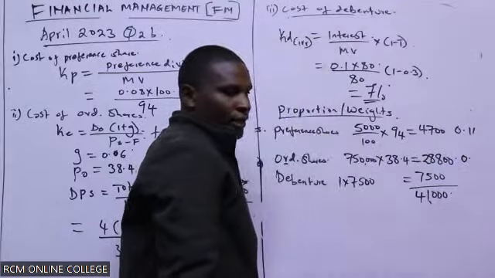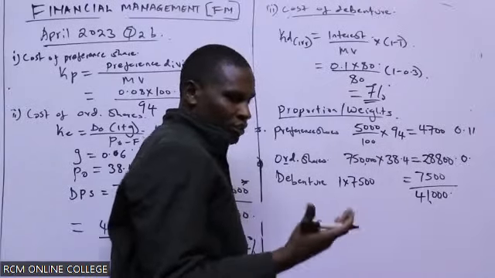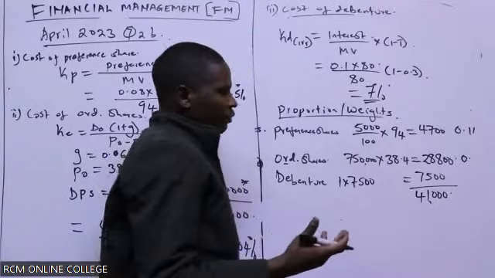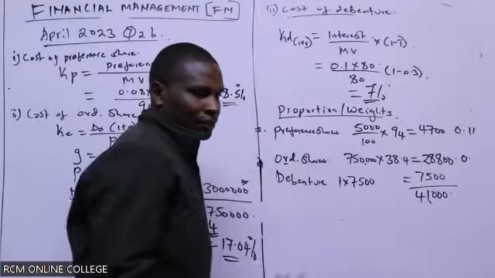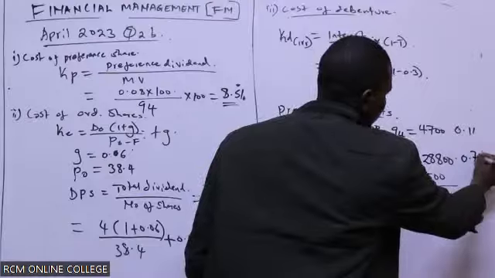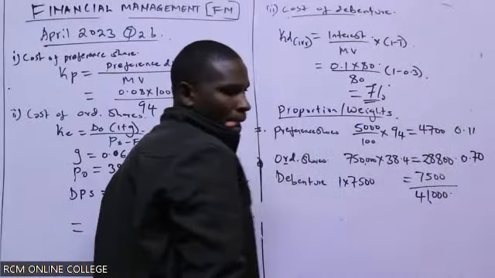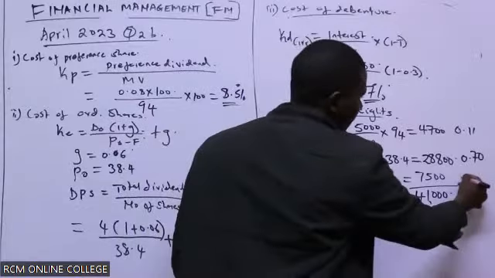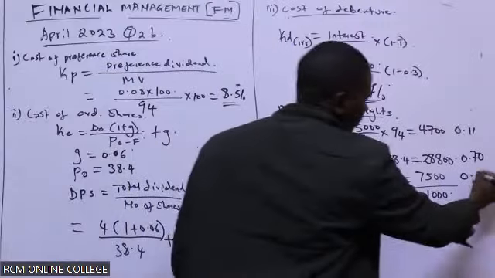Hiyo ndio itakuwa mingi. Ordinary share huwa inabeba. Sijui kama umeona kwa maswali zote tunafanya. 70. And then ya mwisho ni 100 minus that. Itakuwa 0.18.